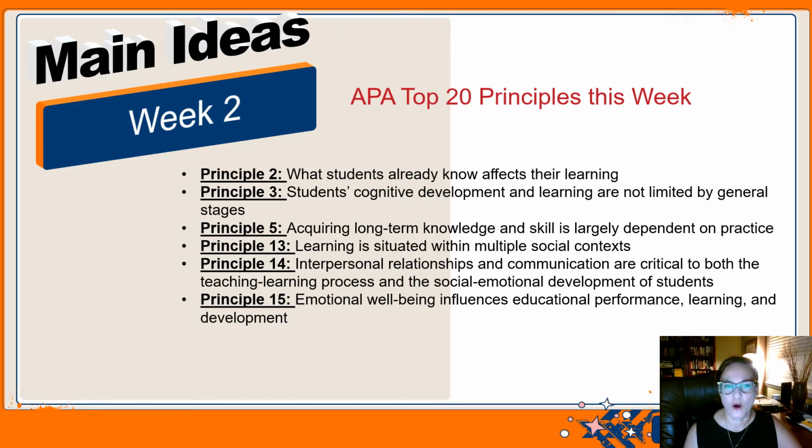Principle 5, acquiring long-term knowledge and skill is largely dependent on practice. Principle 13, learning is situated within multiple social contexts. Principle 14, interpersonal relationships and communication are critical to both the teaching learning process and the social emotional development of students. And then finally, Principle 15, emotional well-being influences educational performance, learning, and development.